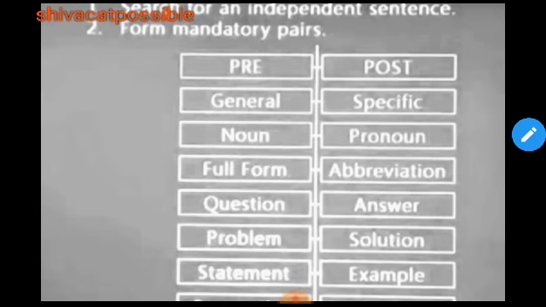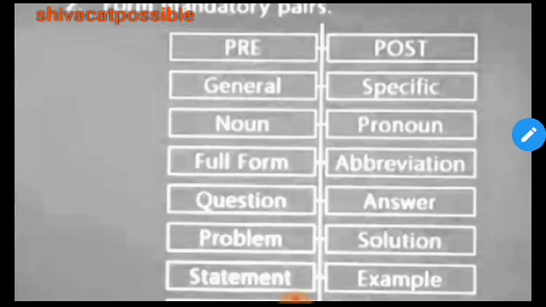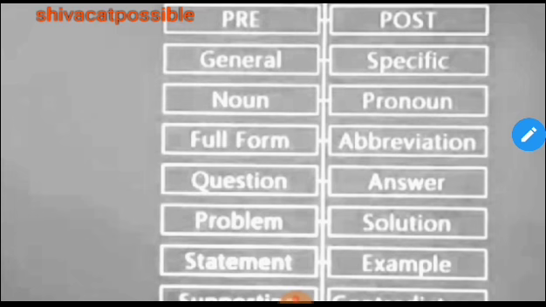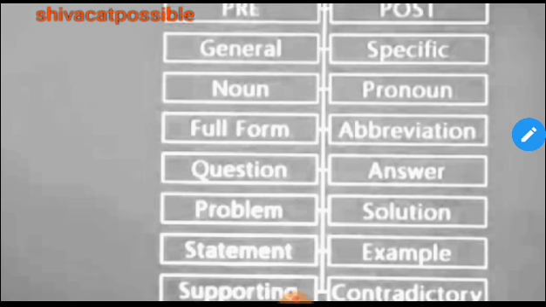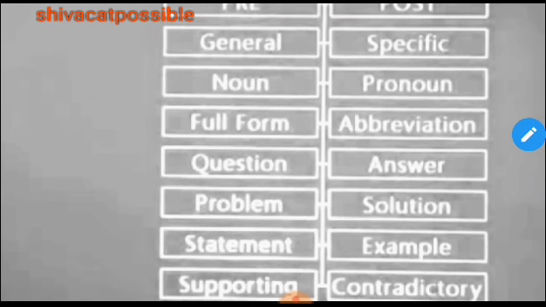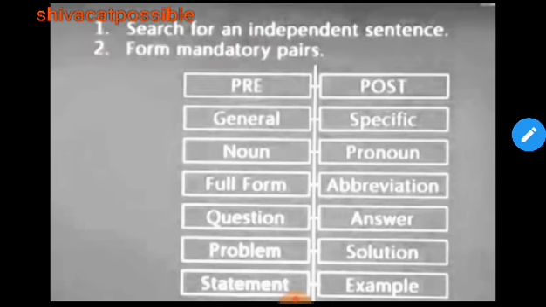Like the topic starts with a general phenomenon and ends with a specific phenomenon, like noun-pronoun relations, like full form or abbreviation relations, or like a question-answer series, where a problem is given and its solution is explained later, or a statement and its examples, supporting or contradictory parts. So these are the basic steps where we can solve para jumble types.